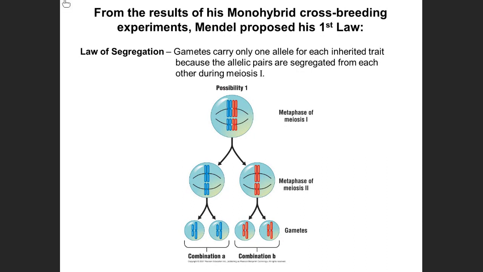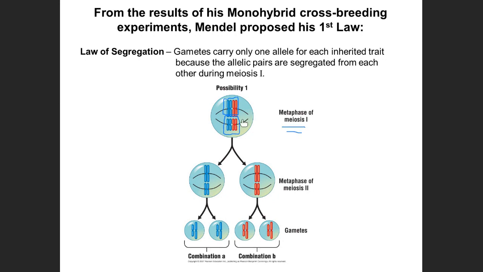What he's saying is, if you look here, we have what is called a tetrad, which is made up of a homologous pair. We have a second tetrad, which is also made up of a homologous pair. This was talked about in chapter 8 on the cell cycle, specifically meiosis 1.